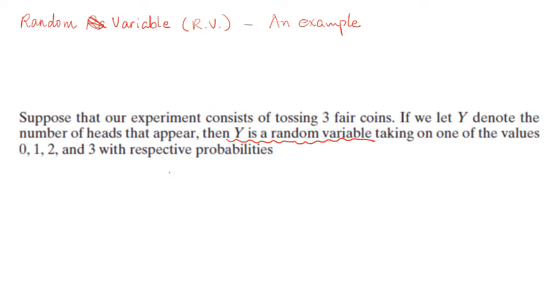So in this example, y is a random variable. Y means the number of heads that appear in this experiment. So the values of y could be 0, 1, 2, and 3 with some probabilities, right?